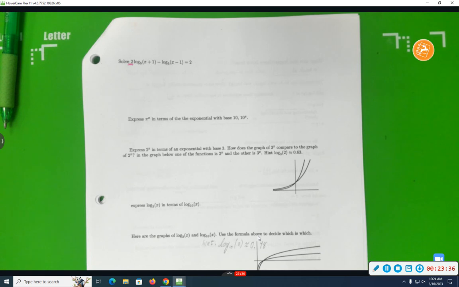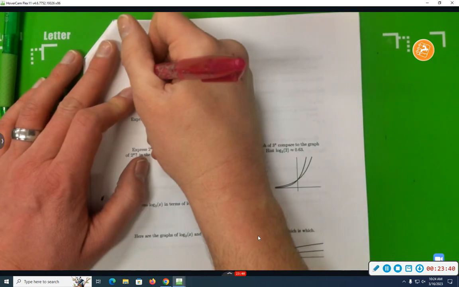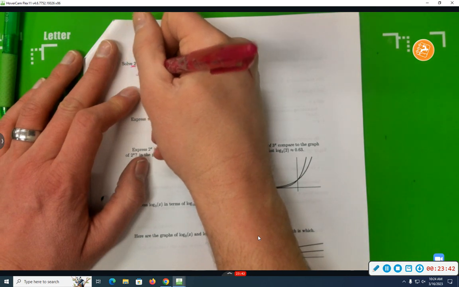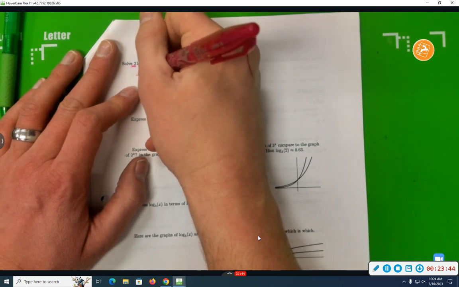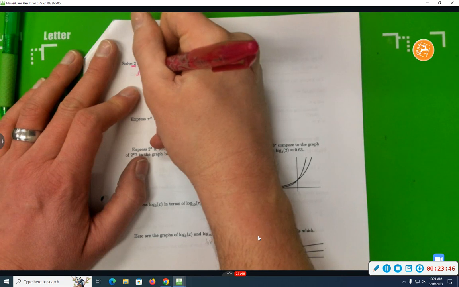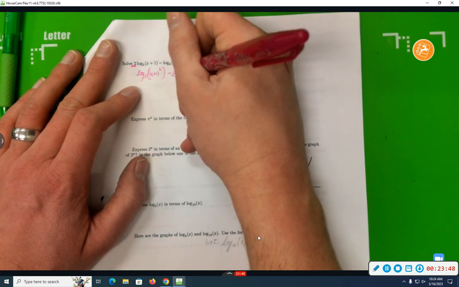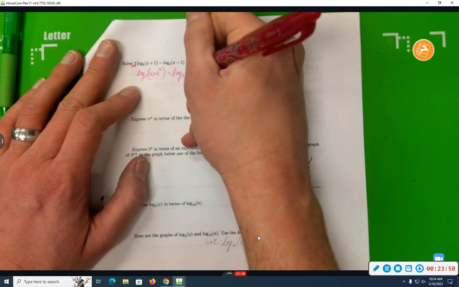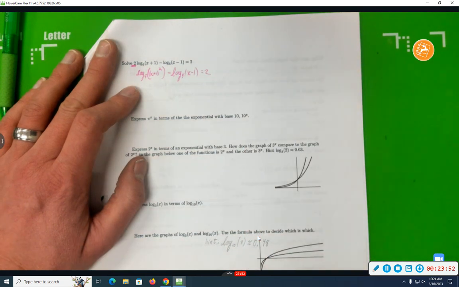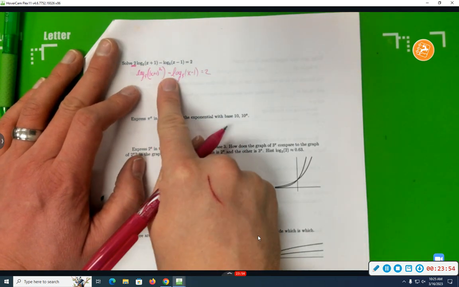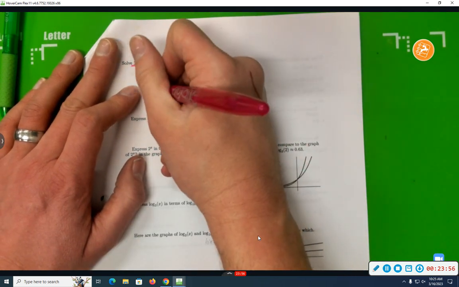2 times a log, I can move that 2 inside of the log as a power. Log base 5, x plus 1, parentheses matter, squared, minus log base 5, x minus 1 equals 2. And as you just said, division becomes subtraction inside of the log.